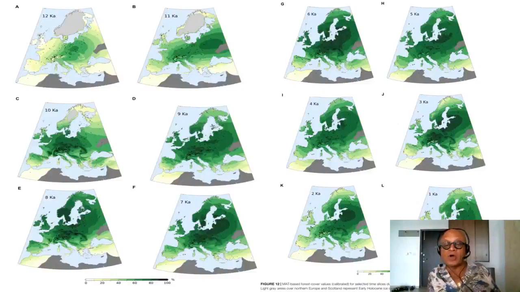They show pollen site locations. Light gray areas over northern Europe and Scotland represent early Holocene ice cover. So some early Holocene ice cover over there, northern Scotland. Okay, dark gray areas are excluded from the analysis due to low site density.